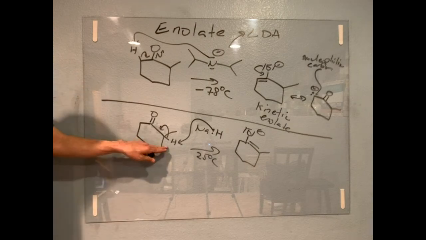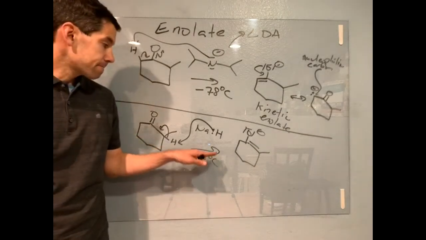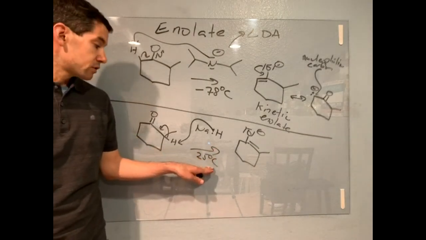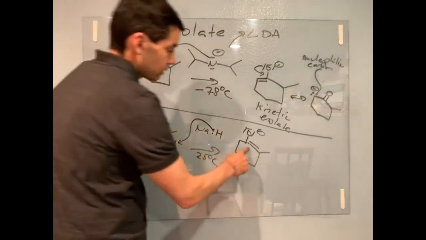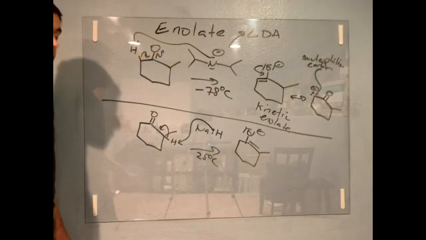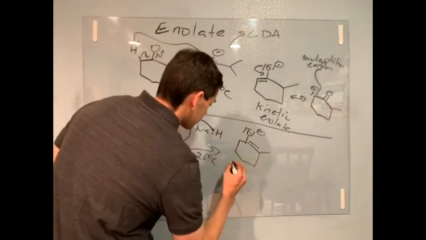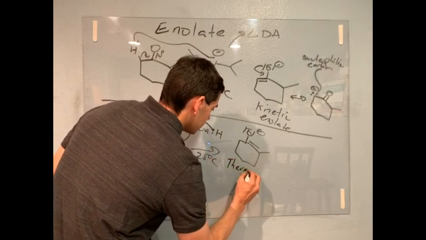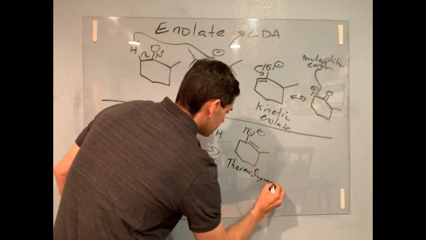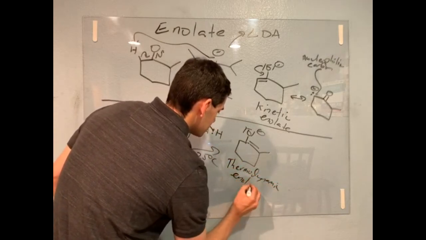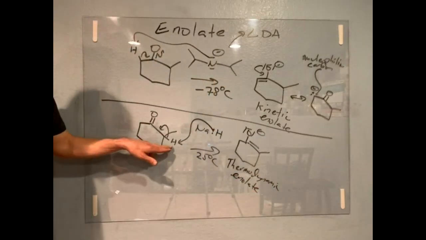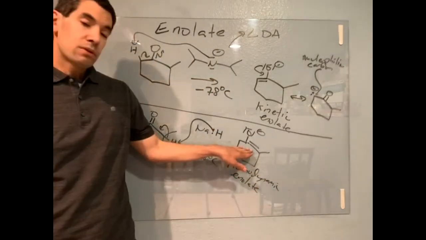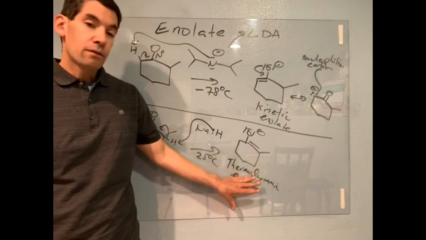By doing this using our thermodynamic conditions, again at warmer temperature, it's going to go a little bit slower. We pull off to form the more substituted enolate there. We form our thermodynamic enolate. Remember, we want to do this so that we form this more substituted form. This would be the more stable form.